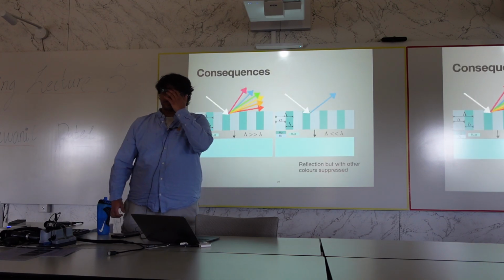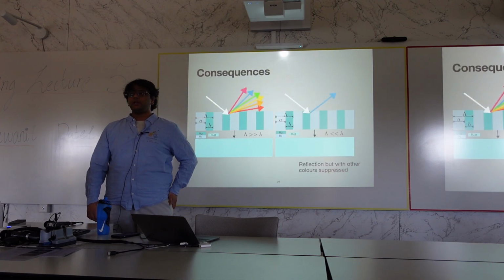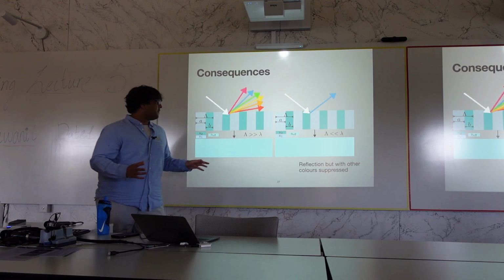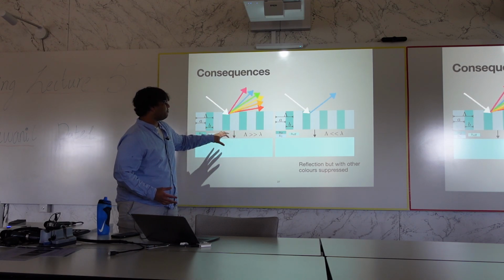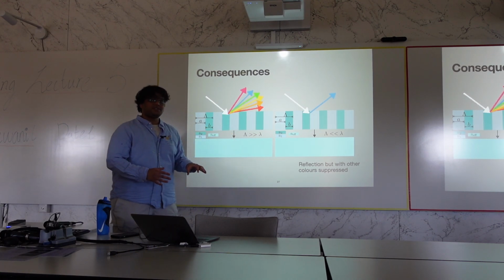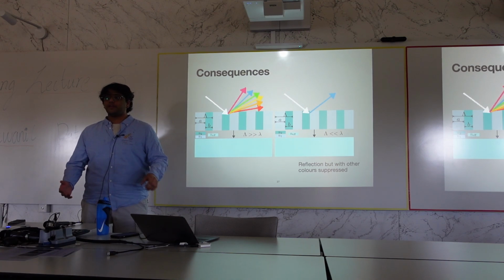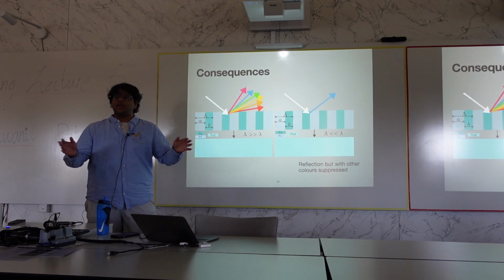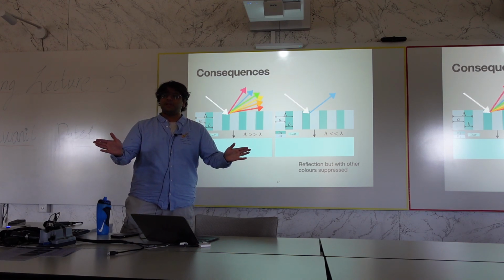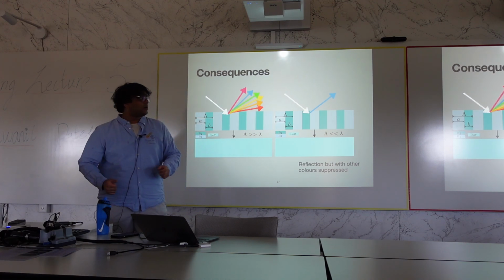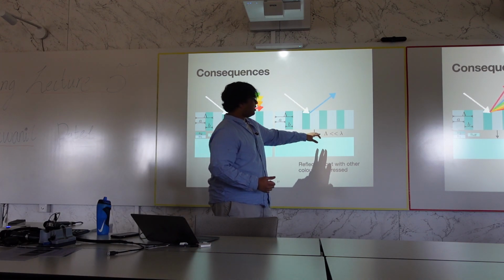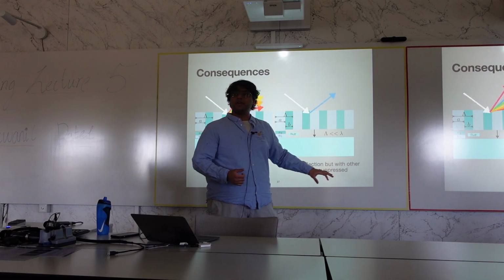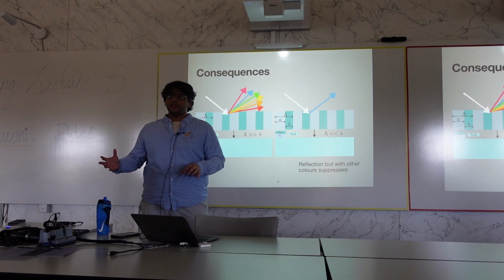And that's what's going on with these butterflies as well. If the size is not smaller than the wavelength, if it's equal to the wavelength or bigger than the wavelength, then usually these periodic structures would just split the light. You shine a white light and it would split into different colors. But when you have these structures smaller than the wavelength, it would suppress the other colors.